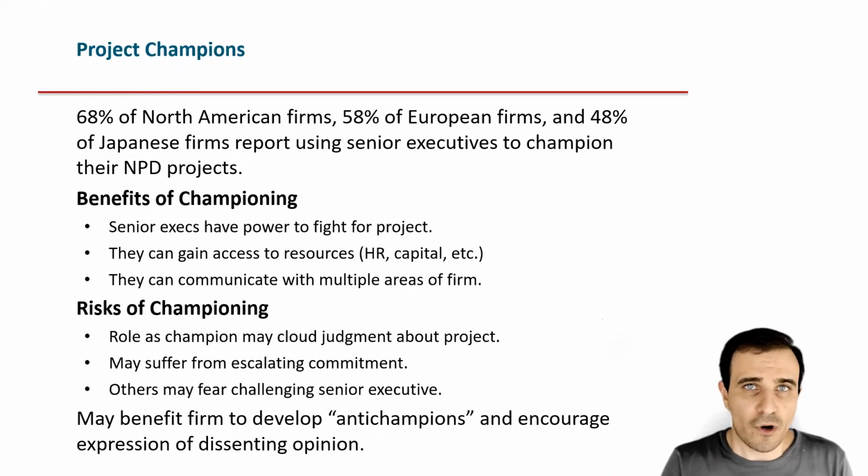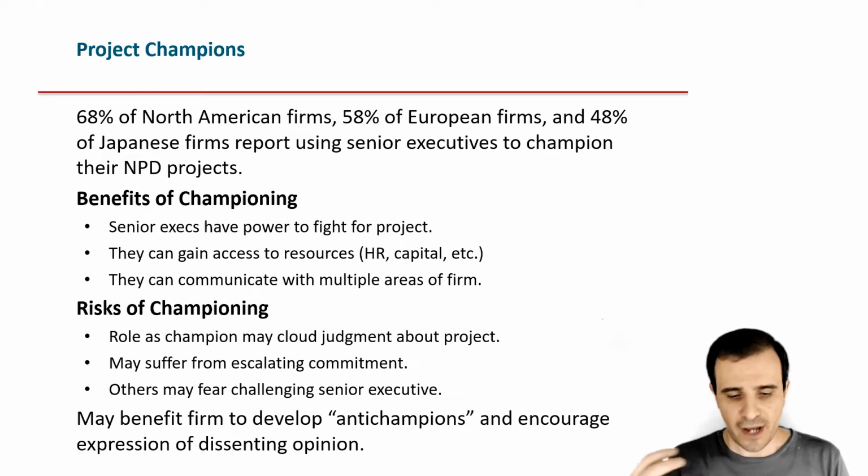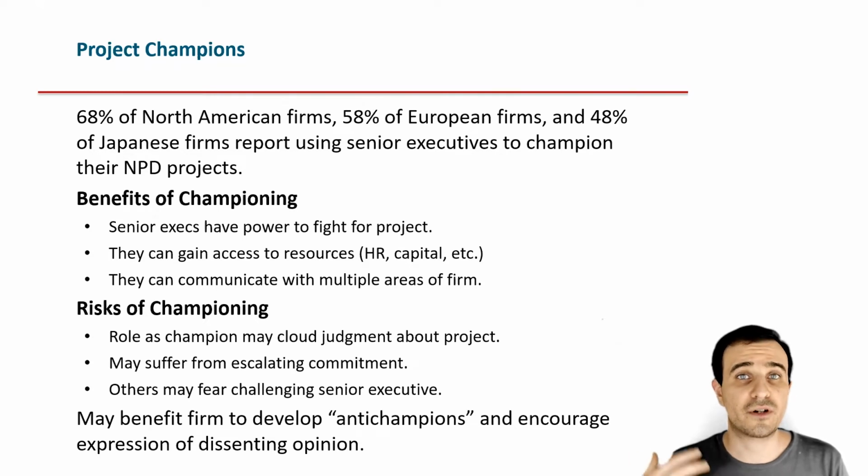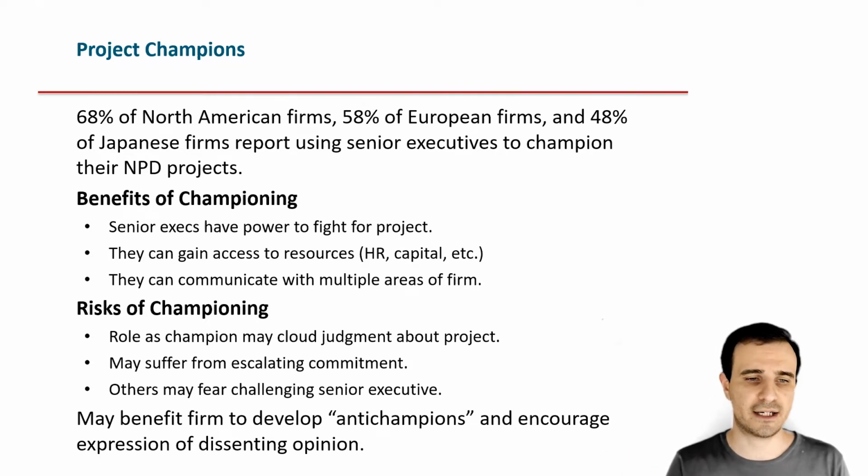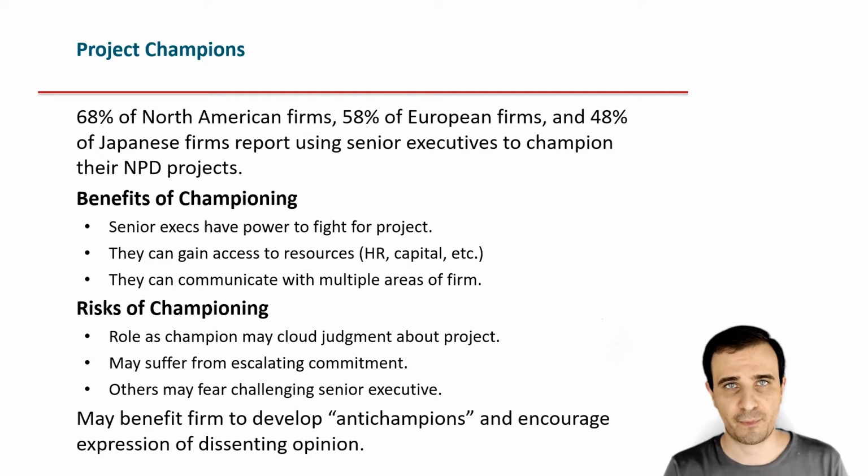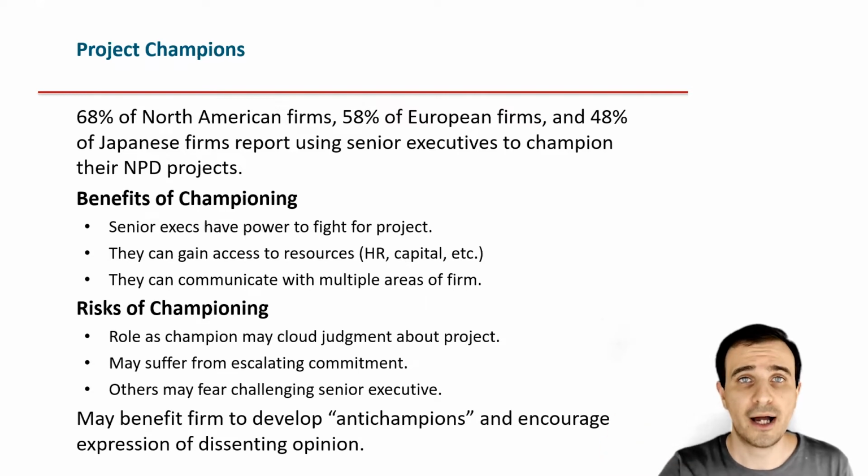There are quite a few clear benefits of having this highly respected senior member of your organization. Above all, they have the power to fight for the project, so they can buy in the support of other key stakeholders to push for the project.